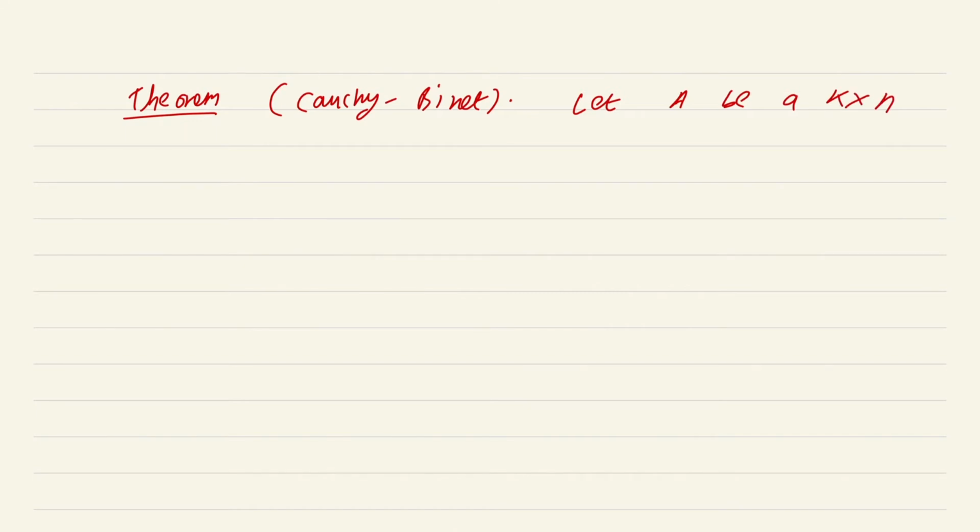Let's state the Cauchy Binet theorem. Cauchy Binet states the following. Let A be a k cross n matrix and B be an n cross k matrix.